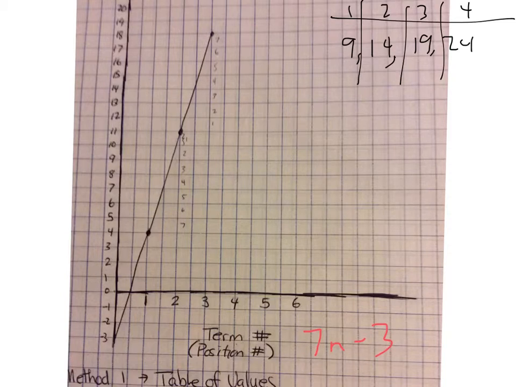And on my number 1, I would draw a dot at 9. Right there. I'm going to use a different color, actually. At 2, I would go to 14. Right there. And at 3, I would go to 19. Right there. And then I would draw a line all the way down, and it would need to be straight.